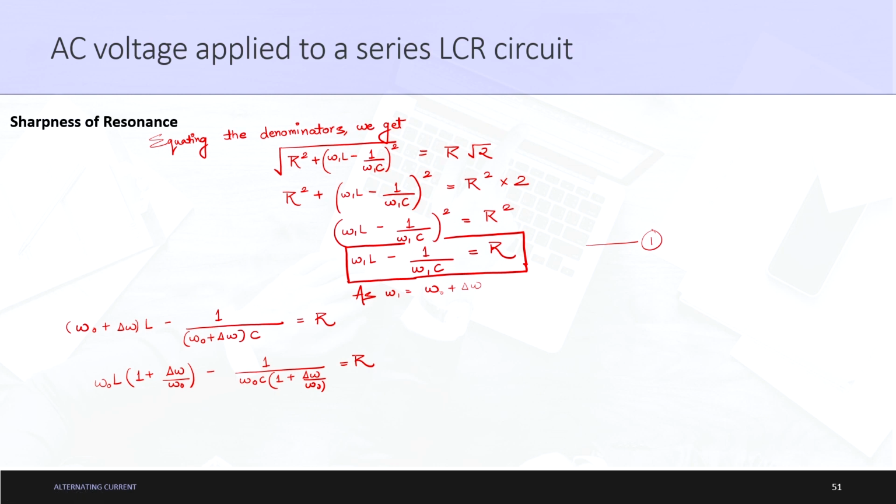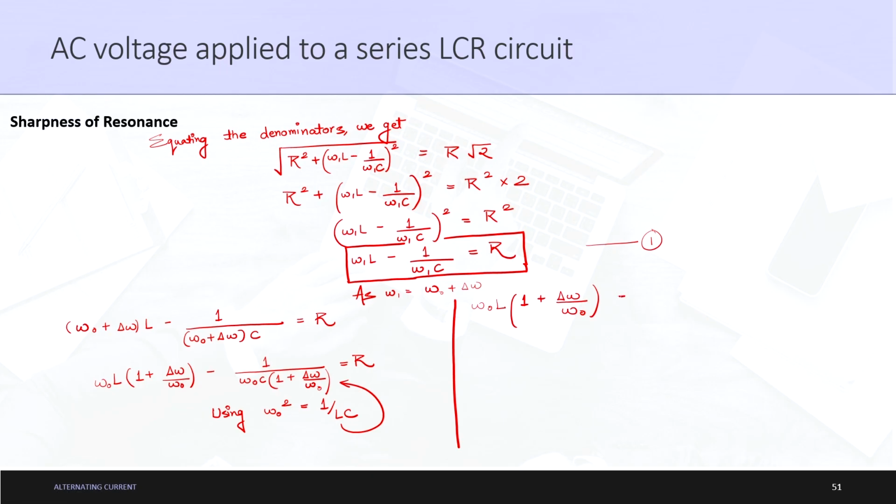Okay. Now, using omega naught square is equal to 1 upon L C in only this part of the term, what will we get? We will get omega naught L into (1 plus delta omega by omega naught).